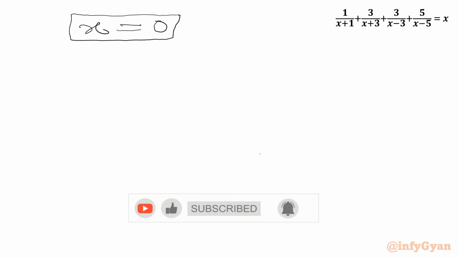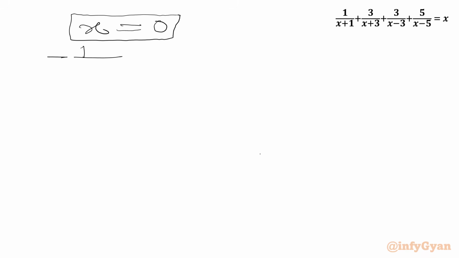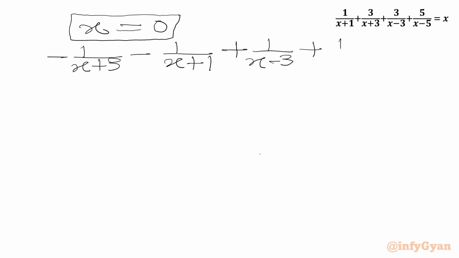Now we will write the square bracket. It is minus 1 over x plus 3, minus 1 over x plus 1, plus 1 over x minus 3, plus 1 over x minus 5, minus 1 equal to 0.